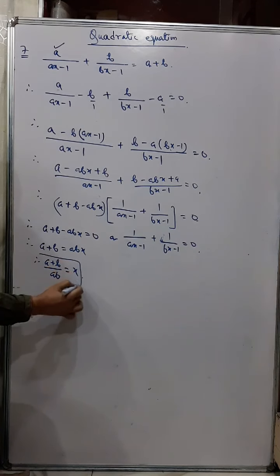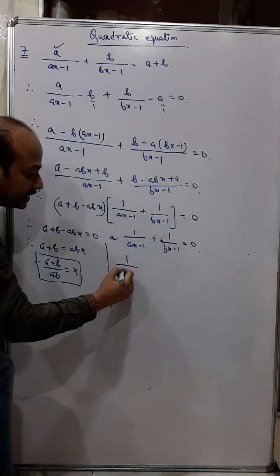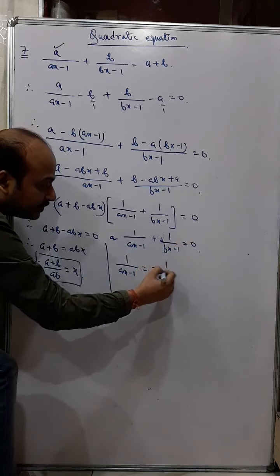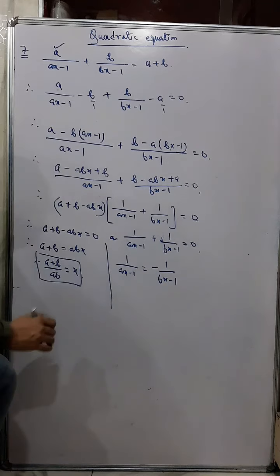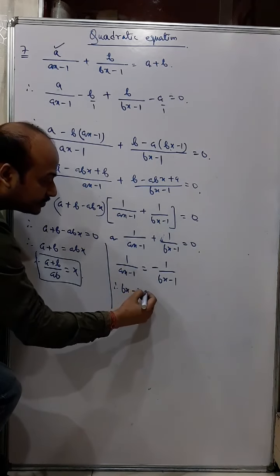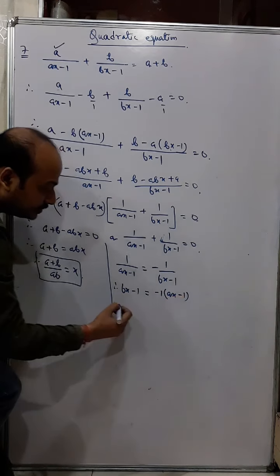So this is the first value, and here also 1 by ax minus 1 equals to, take this value that side, so you get what? Minus 1 by bx minus 1. So now we can do cross multiply. We get what? Bx minus 1 equals to minus 1 into ax minus 1.